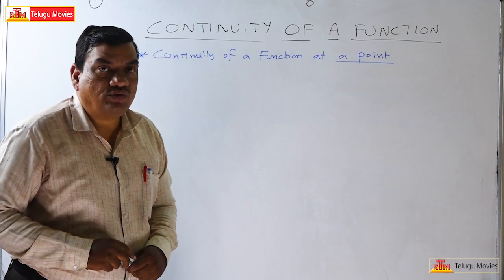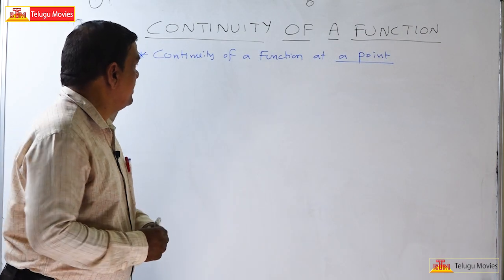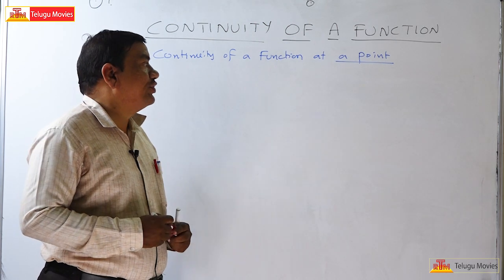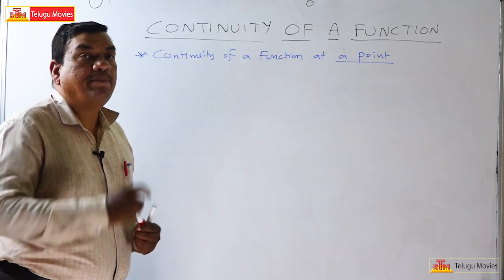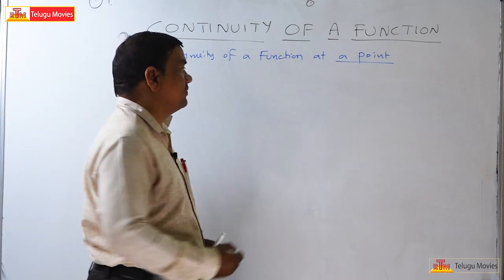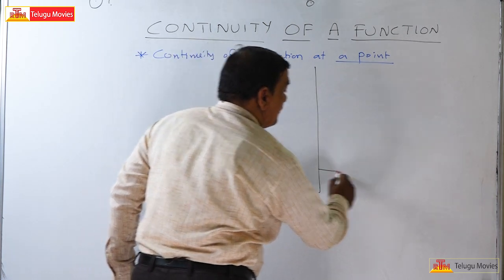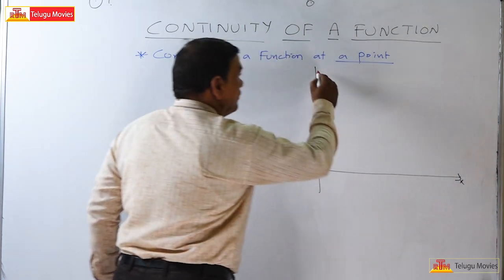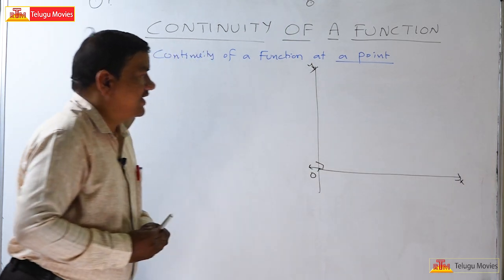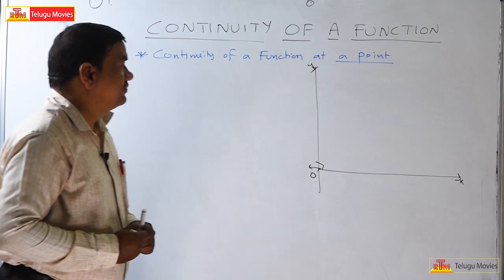Welcome to this concept, continuity of a function at a point. Continuity of a function at a particular point. Now, how to check whether it is continuous or not. Let us take the x axis and y axis, and the origin.